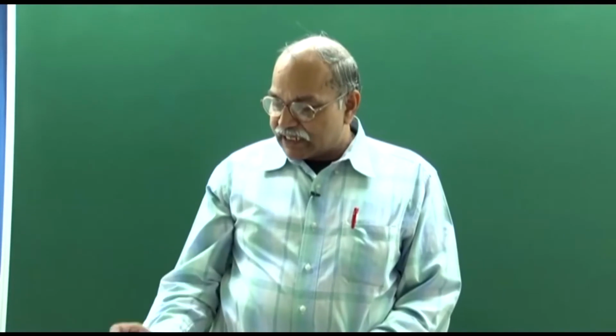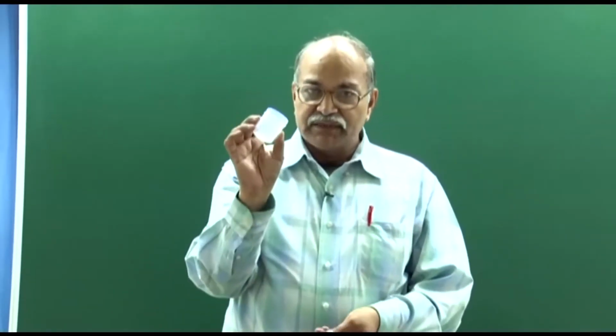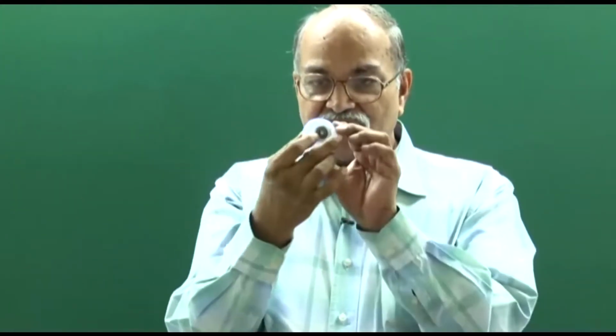Okay, now one more experiment in this session, and for that I have a plastic box, and in this plastic box I will be putting this ring magnet. Then in the lid of this plastic box I have already fixed another ring magnet here.